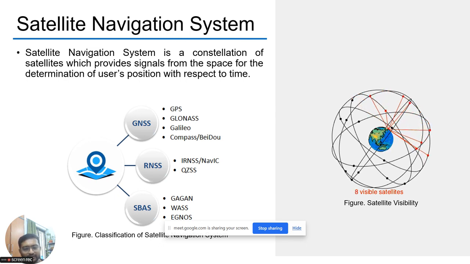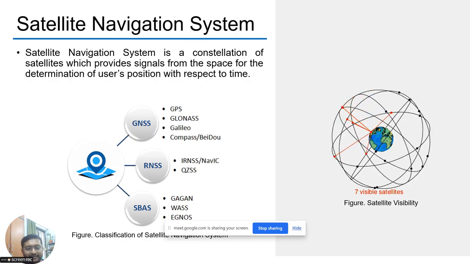These are the satellite navigation systems which give coverage of the entire world. Then there are some region-specific satellite systems, such as our Indian system, known as NavIC, or Navigation with Indian Constellation, or the Indian Regional Navigation Satellite System. And there is QZSS, the Quasi-Zenith Satellite System, which is built by Japan.